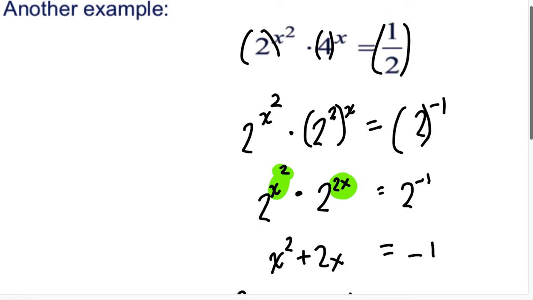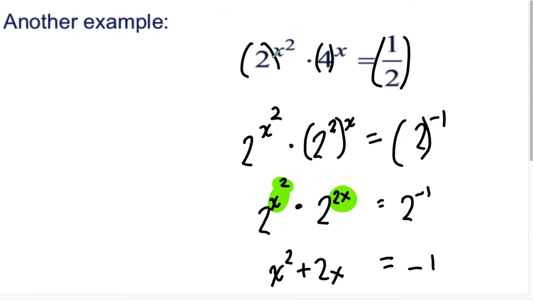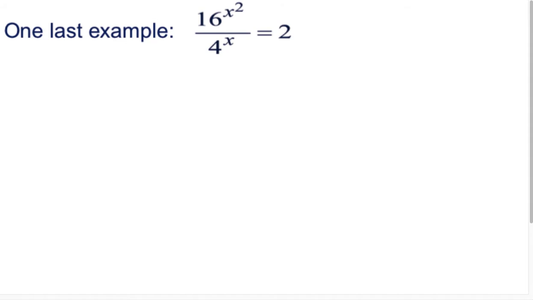Okay, let's take a look at a different example. Here we have 16 to the power of x squared divided by 4 to the power of x is equal to 2. So much like the previous problem, not all of my bases are the same. So I want to change all my bases so that they are equal to the same thing.